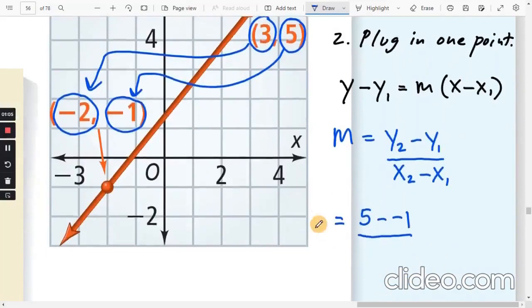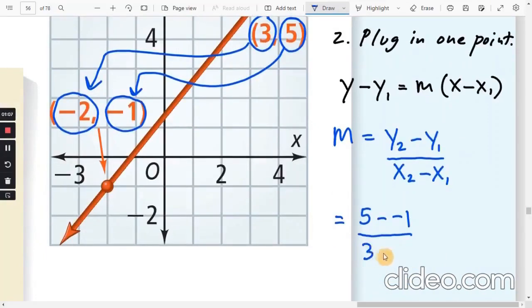Two negatives make it positive, and 5 plus 1 is 6. Two negatives make it positive, and 3 plus 2 is 5. So the slope m is 6 over 5.